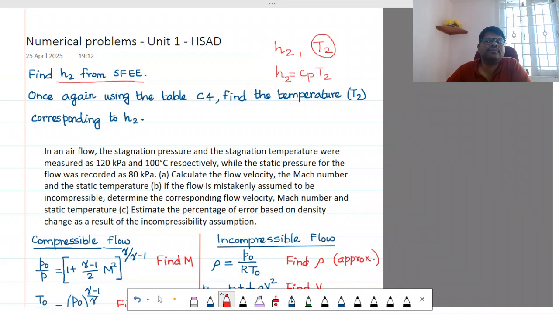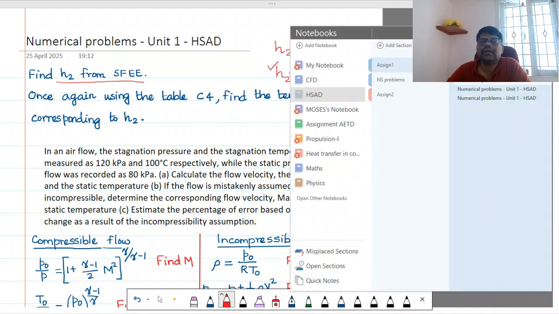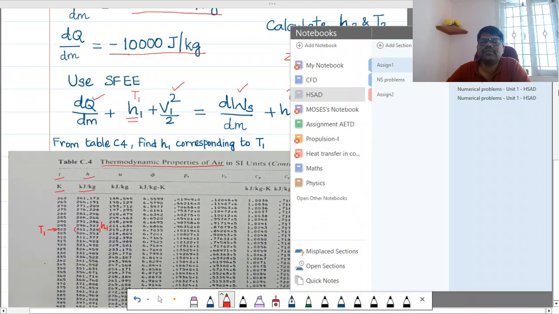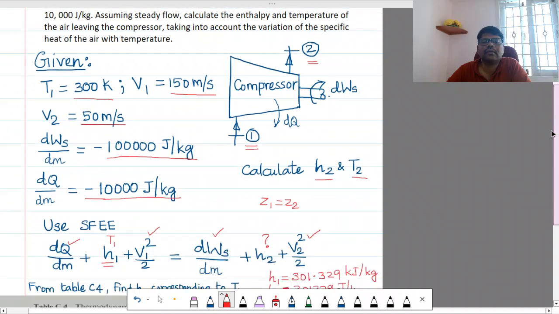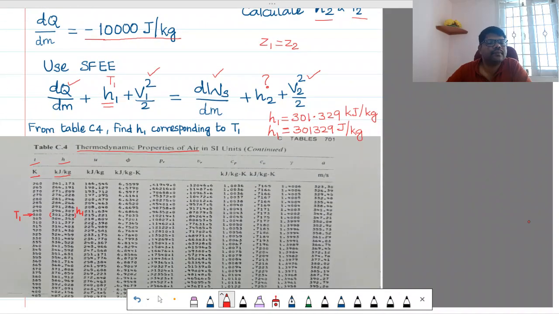Okay. So what I can do, once again I go back to the table we already used. We know the value of H2. I can directly get the value of T2 from the table. Right? I'll go back to the previous slide where we have seen the table. So once I know the value of H2, I'll go to the second column in this table.